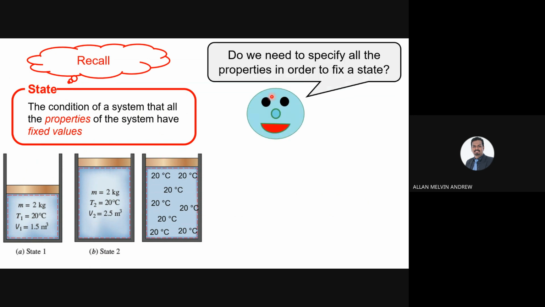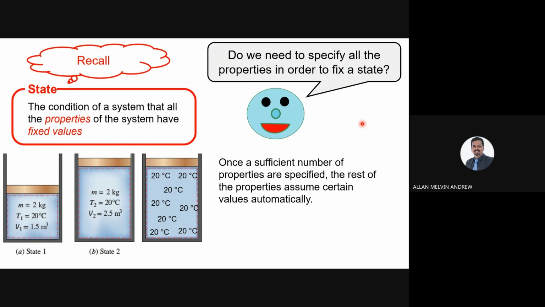Do we need to specify all the properties in order to fix a state? There's a question here. The answer is that once a sufficient number of properties are specified, the rest of the properties assume certain values automatically.